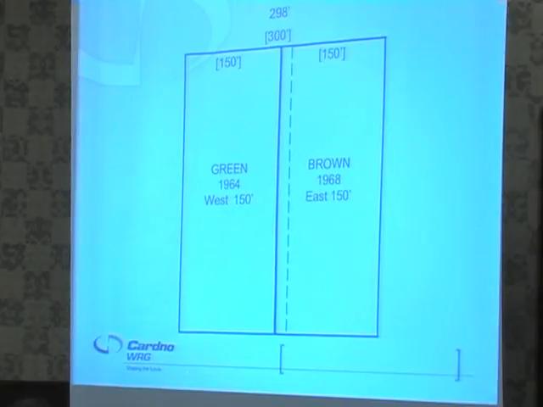In this case, Mr. Green, or Miss Green, because she bought the parcel that was created in 1964, that was described as being the west 150 feet, gets all of the west 150 feet. Because when the original owner sold to Brown in 1968, he didn't have that 2-foot strip anymore.